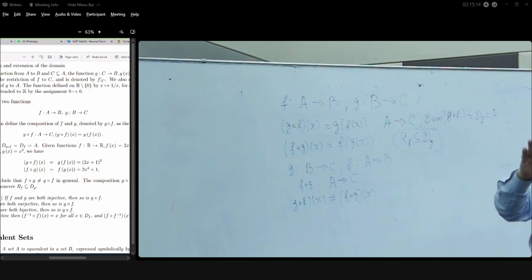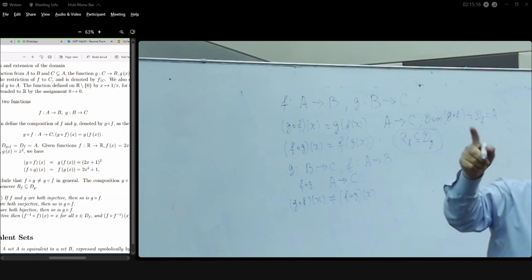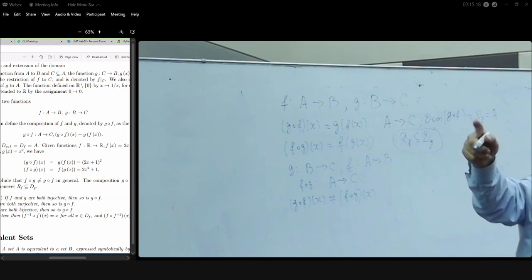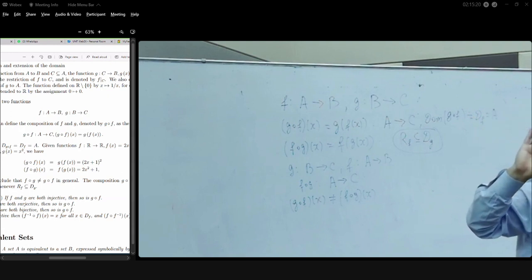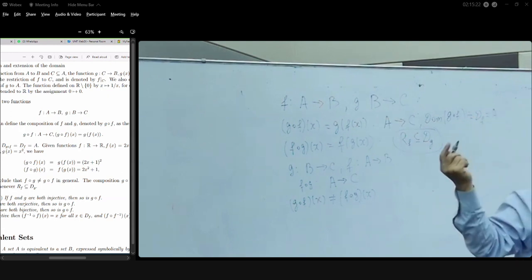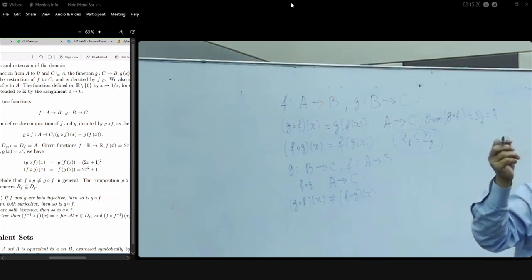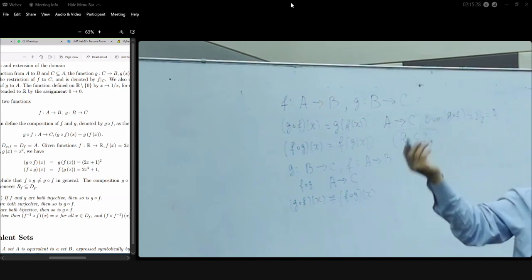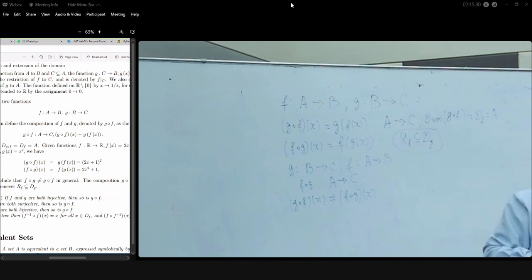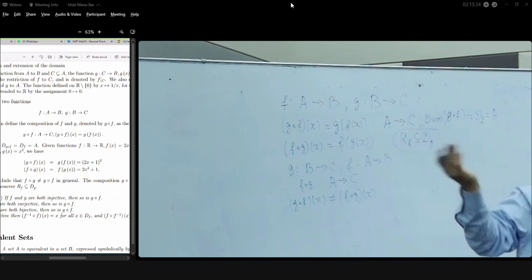Okay, and the last 3-4 remarks you can see: if f and g are both injective, then the composition is also injective. If f and g are both surjective, then g composed with f is also surjective. If f and g are both bijective, so is the composition.